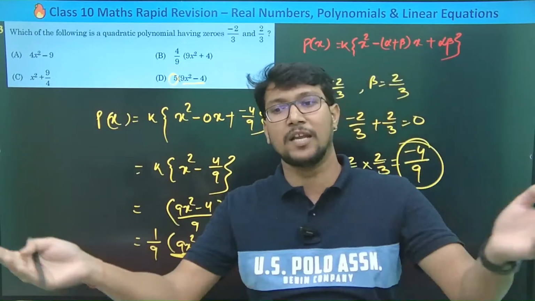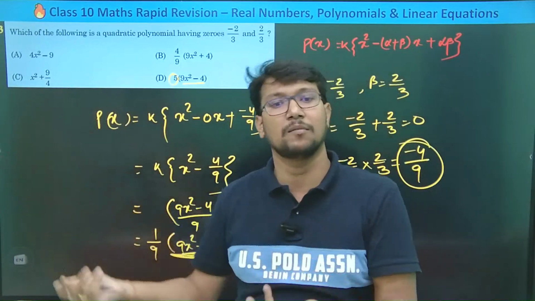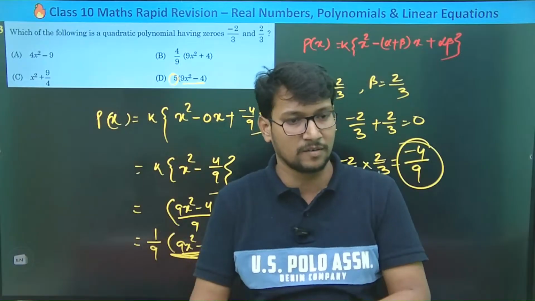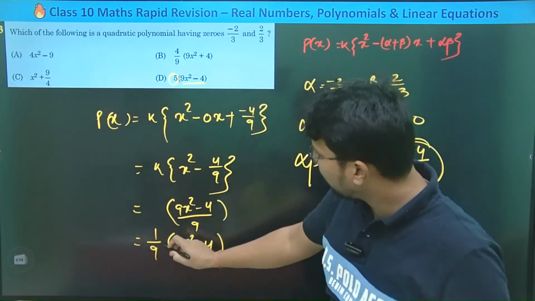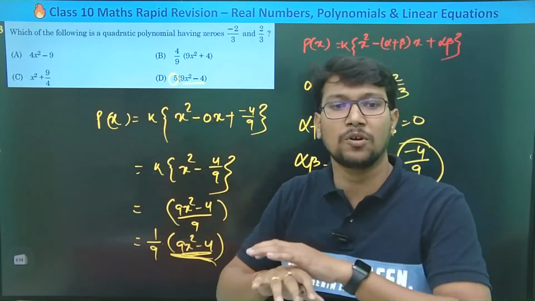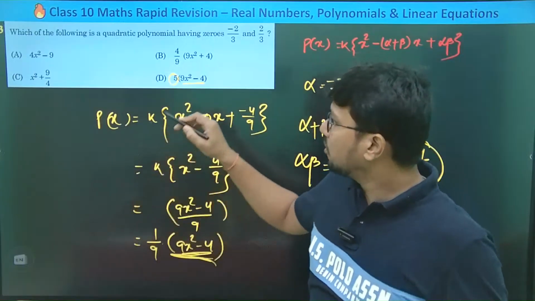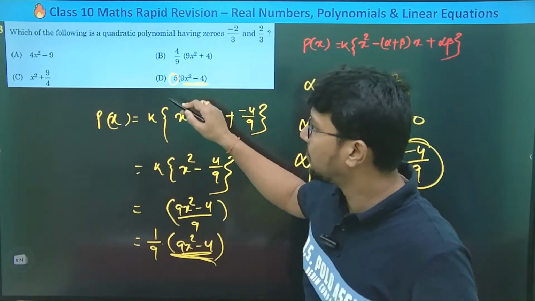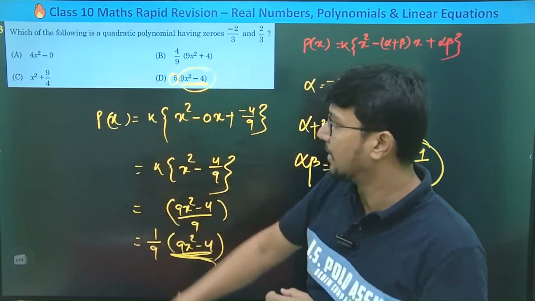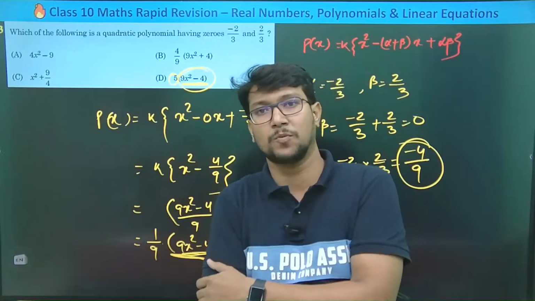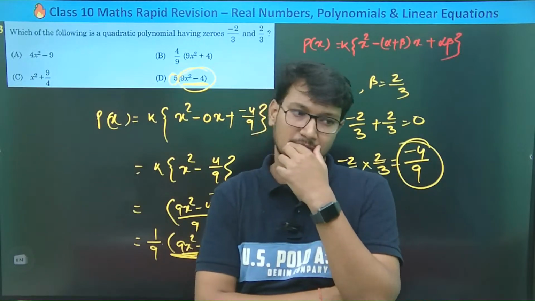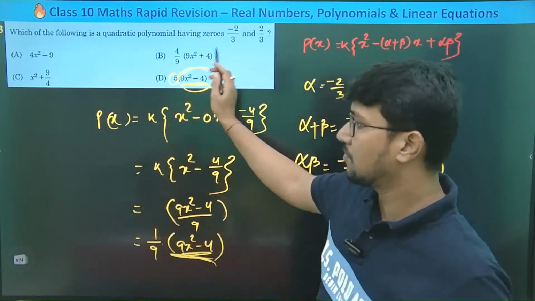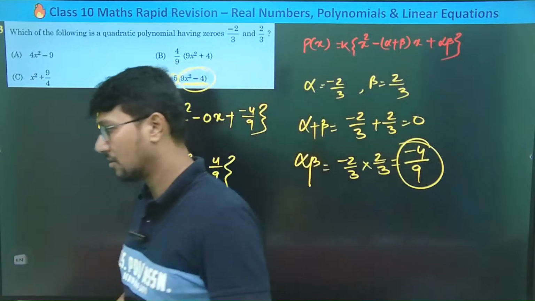So whenever you multiply by anything, that will be a polynomial. K does not matter here, right? So though it is not there, don't worry. You choose which one is the base polynomial. Clear, everyone? Done.